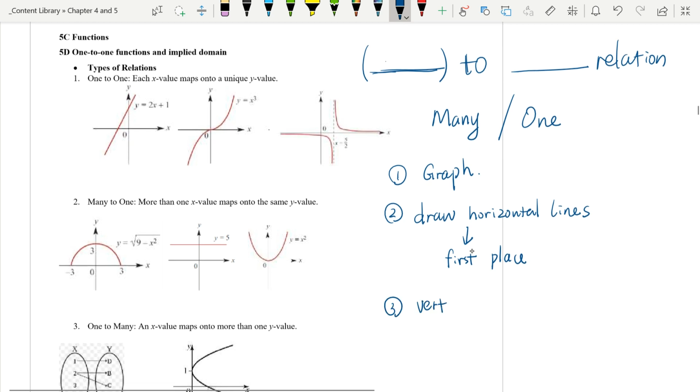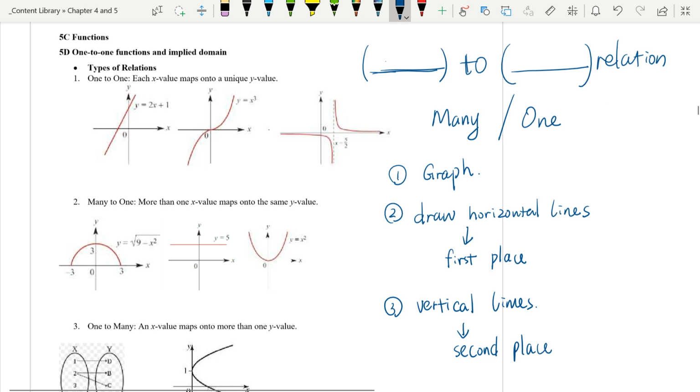I'll explain that later. Then I will draw vertical lines, and that will give you the choice of the second place, whether the second bracket is a many or a one. Once you know the choice of the first and the second, you know what kind of relation it is.